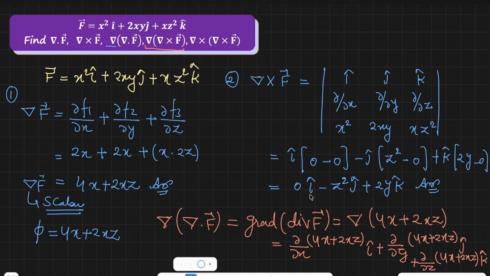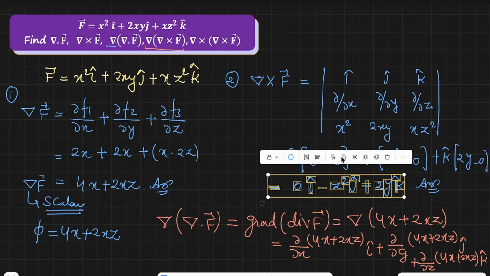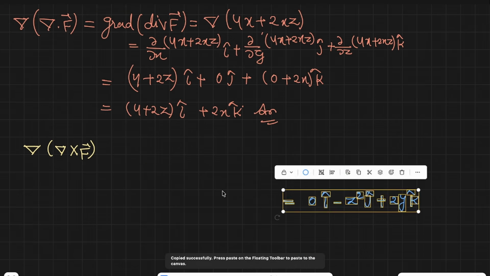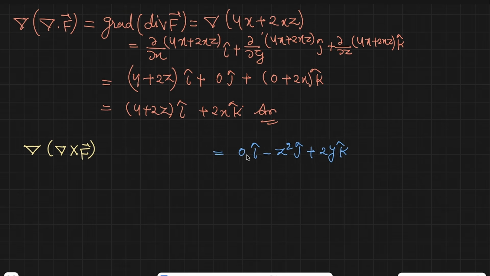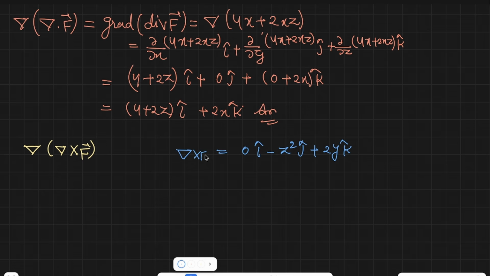So del cross f vector is 0 i cap minus z square j cap plus 2y k cap. Because of that, it is a vector quantity, and I'm going to apply this.